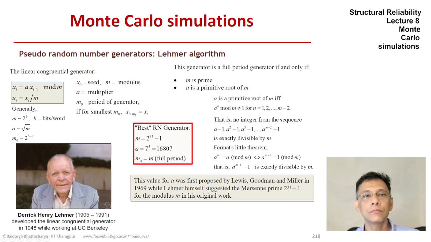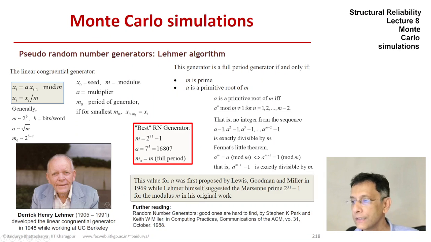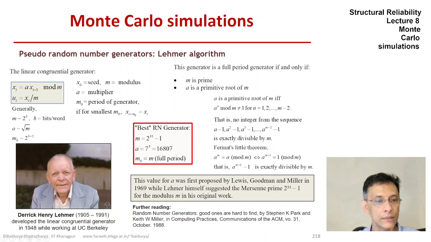And these values of a were first proposed by Lewis et al. in 1969, and the value of m was by Lehmer himself in his original work in 1948. I have listed this excellent paper by Park and Miller, which discusses this algorithm and others.